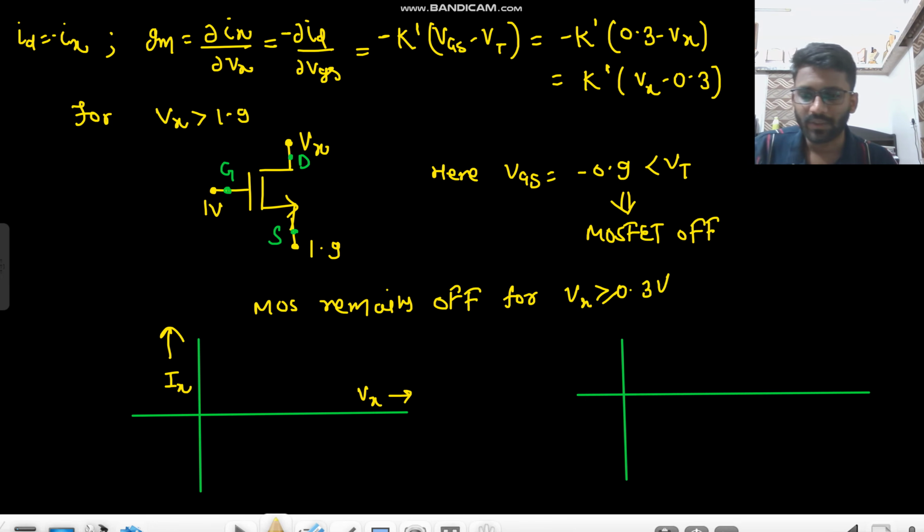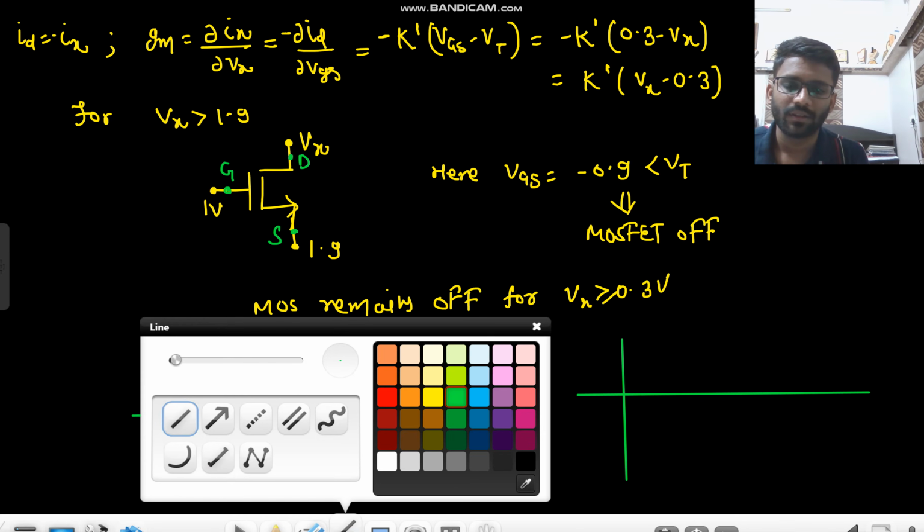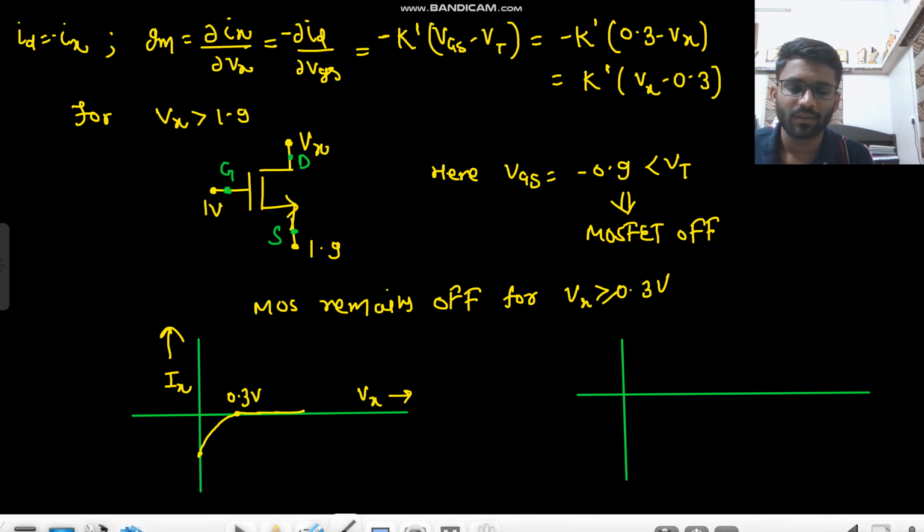So we will draw the curve now. After that it remains at 0. This voltage was 0.3 volt. It remains here, then it goes to 0. This is GM, this is Vx, this is 0.3 volt.